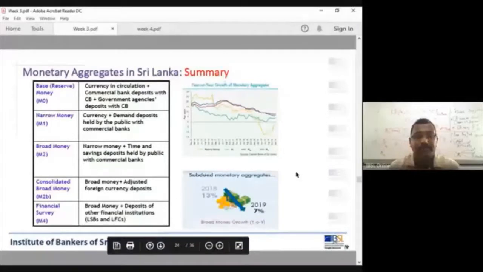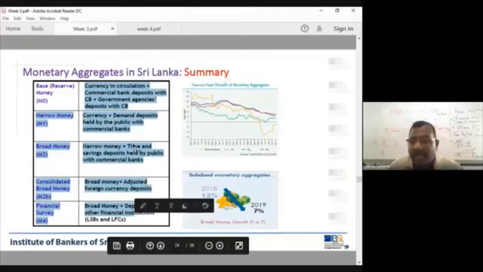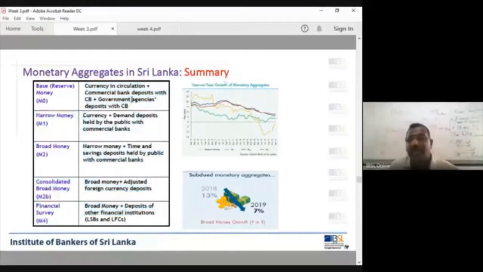Now, in this slide, what I have mentioned is a summary in terms of money, not the factors, but the summary of these monetary aggregates. In this chart, I have given you some practical examples based on the Sri Lankan monetary aggregates.